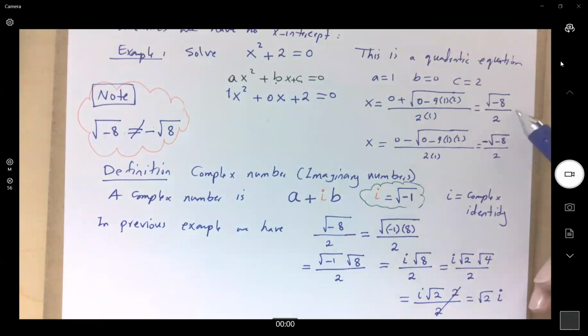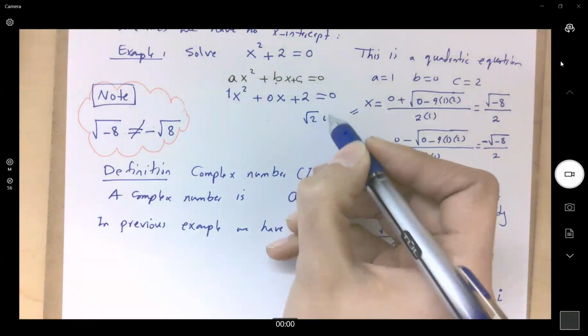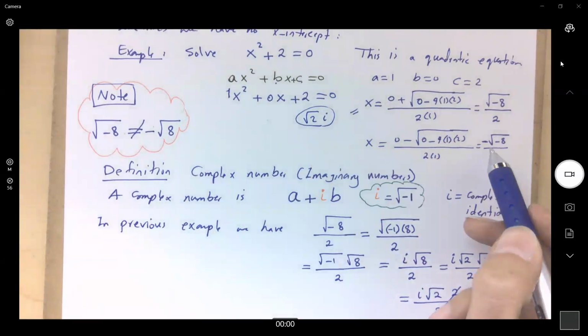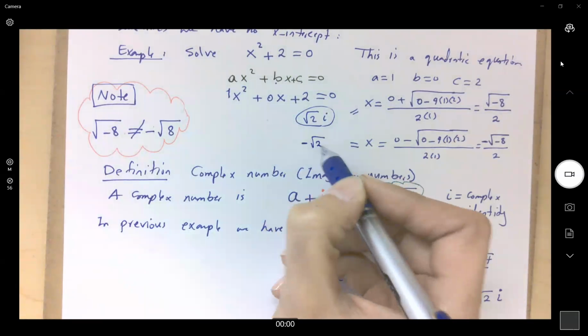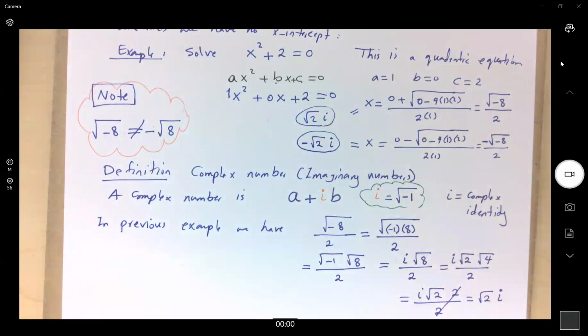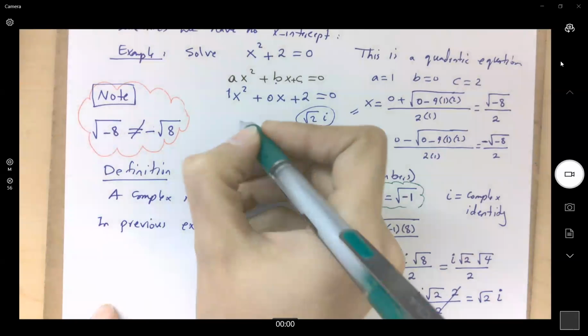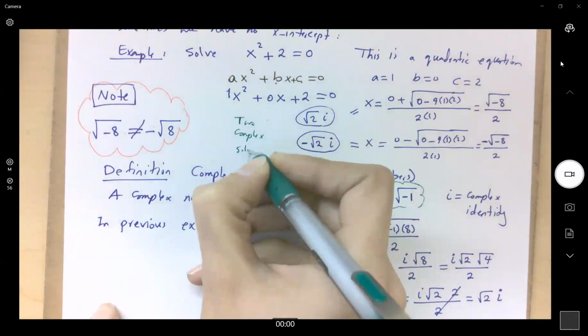So this one becomes square root of 2 times I. The other one has a negative sign next to it, so that x becomes negative square root of 2 times I. We found two imaginary solutions for this quadratic equation. Two complex solutions.